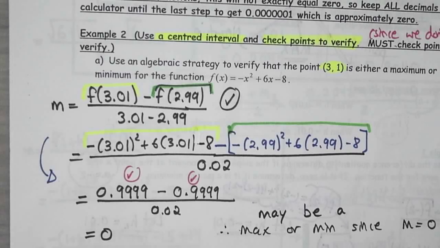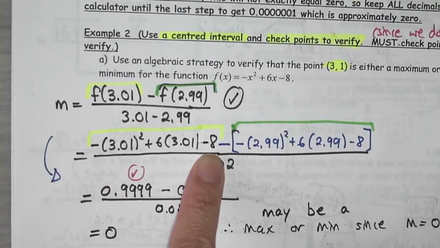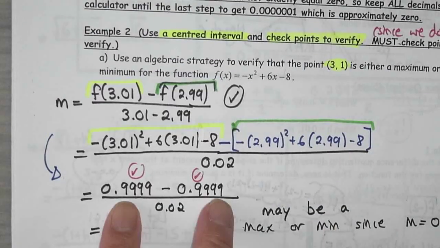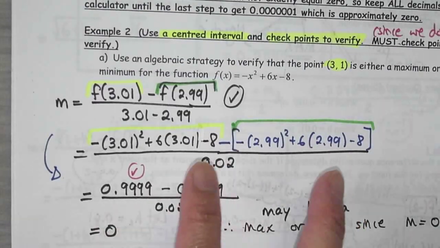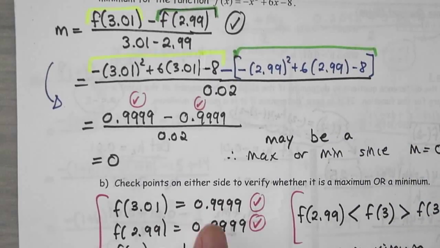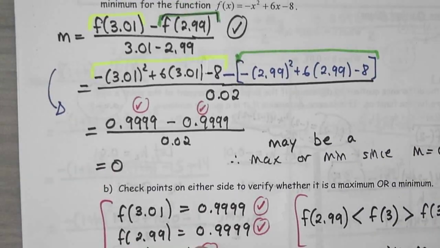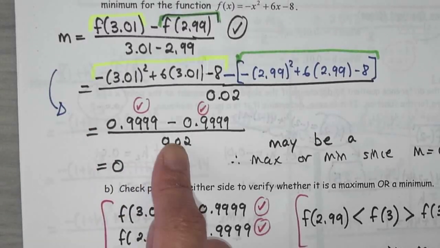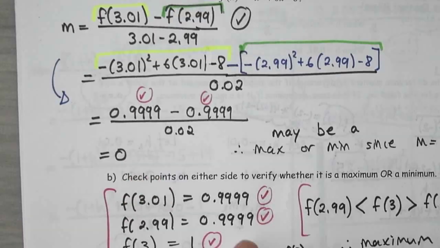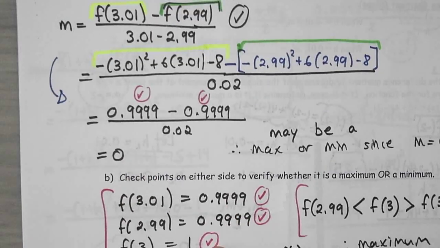So the yellow part here, I calculated F at 3.01. This green part here, I calculated at 2.99. I got my two values, so they're from above. I want you, when you're checking the points, to state the values, because some people do a bunch of calculations here and you might have mushed it together. So I pulled the points out so I could see what each point was.